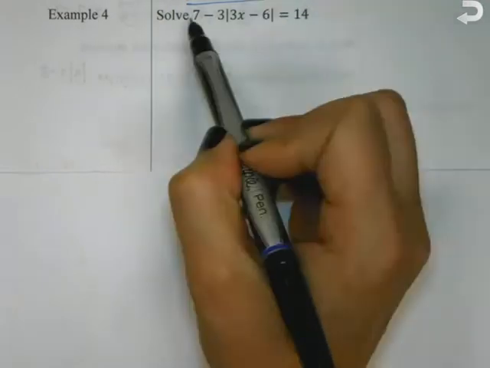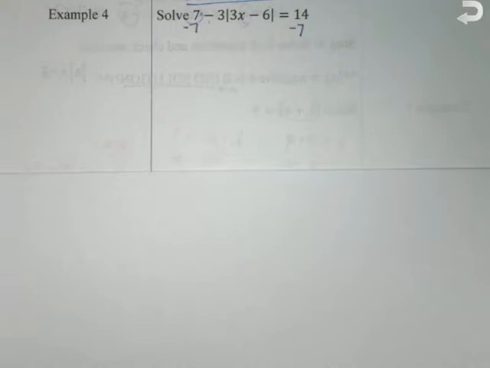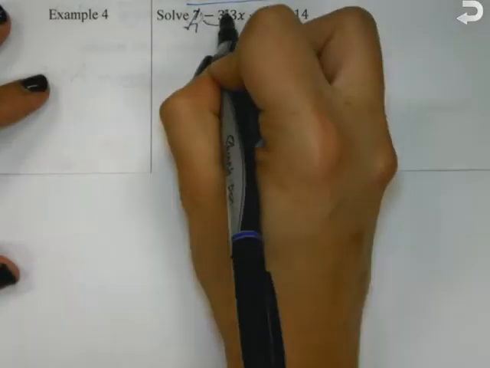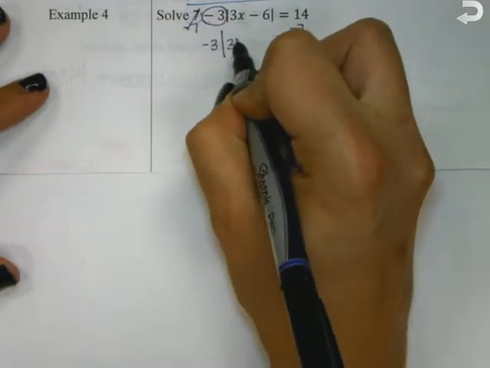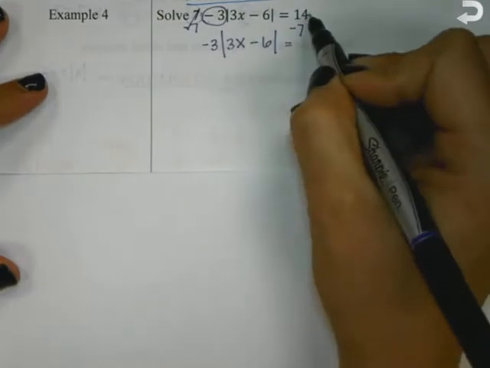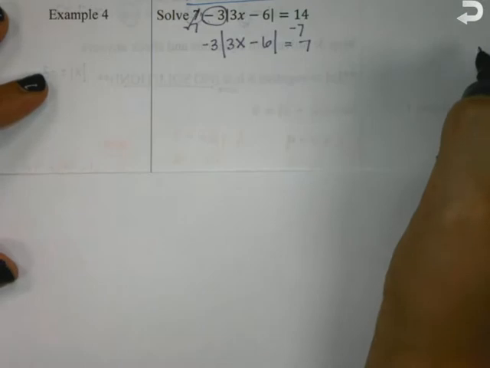So I'm going to subtract 7 from both sides. 7 minus 7 gives me 0. So this negative 3 is going to stay negative 3 times absolute value of 3x minus 6 equals 14 minus 7 gives me positive 7. So I'm not totally done yet. I need to divide both sides by negative 3.